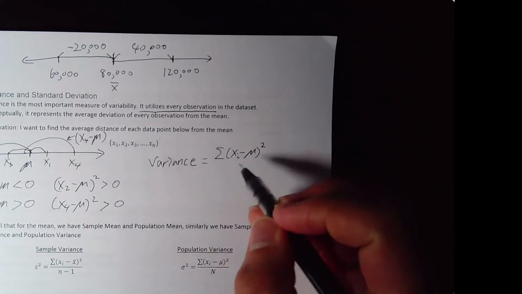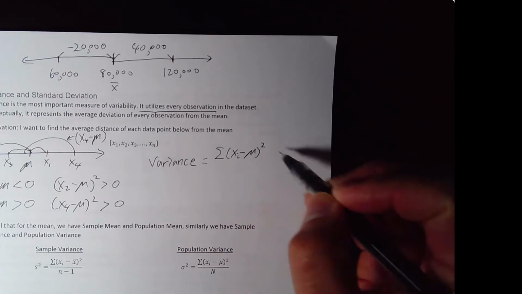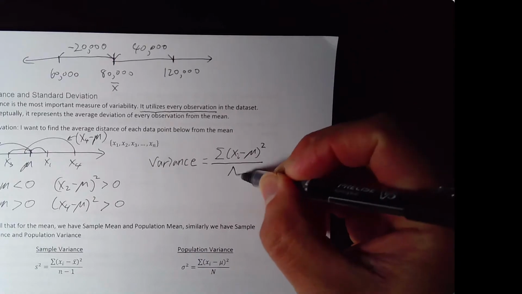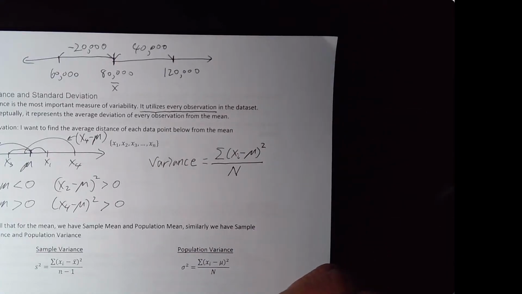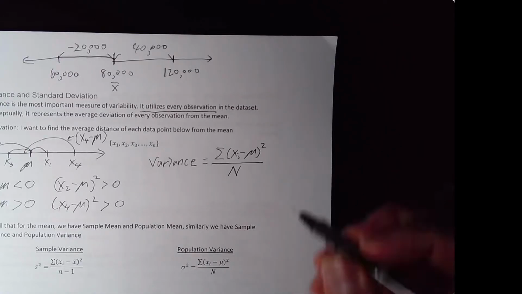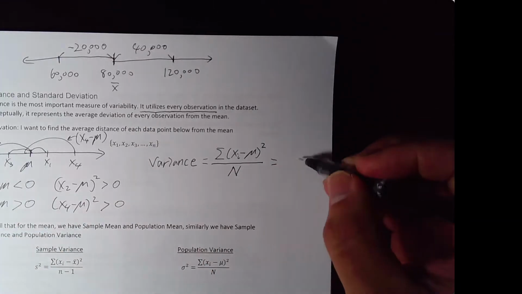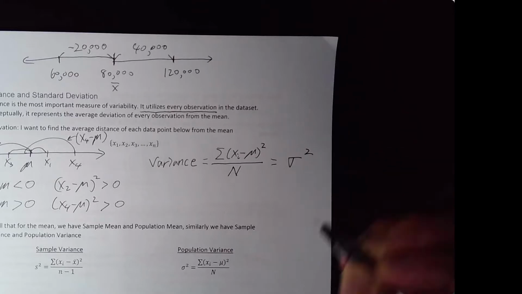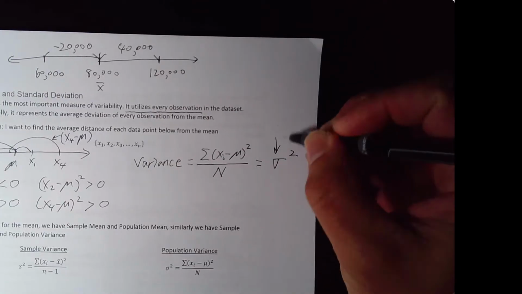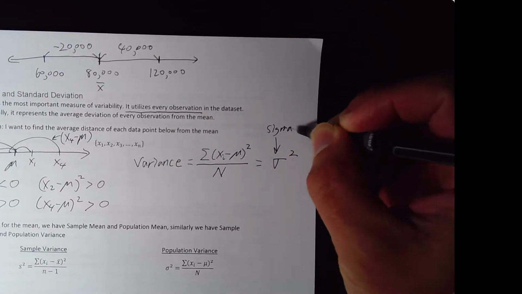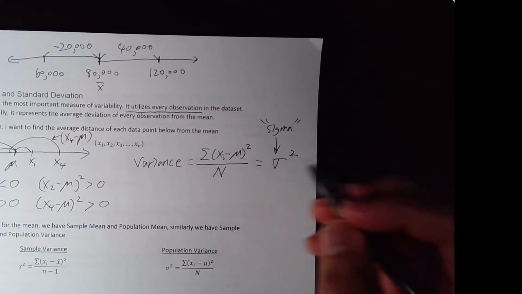Take every observation minus the average, square it, and then divide by n, the total population. This is by definition. That is variance. Now, because we're talking in terms of population, we're going to introduce a Greek letter. So this is sigma. So sigma squared.